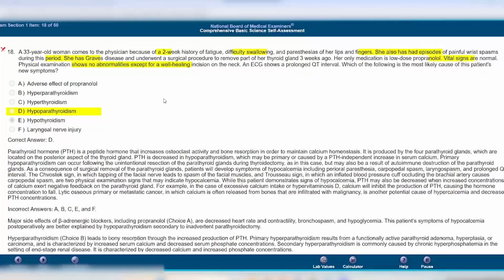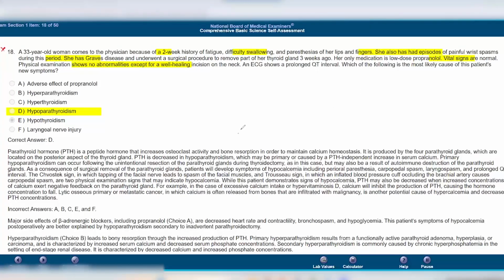Okay, work me through this one here. Okay. I'll read through it first. So for this one, I thought it was going to be like a thyroid problem, some difficulty swallowing, history of Graves.